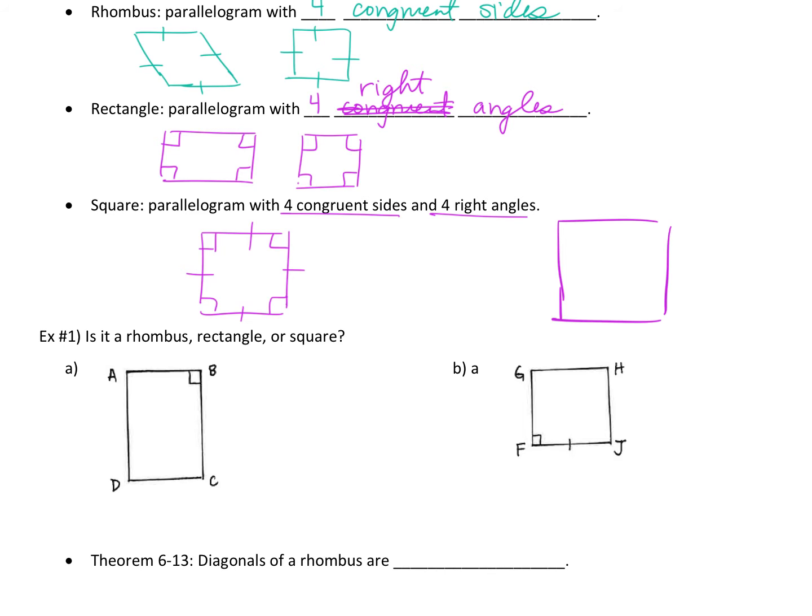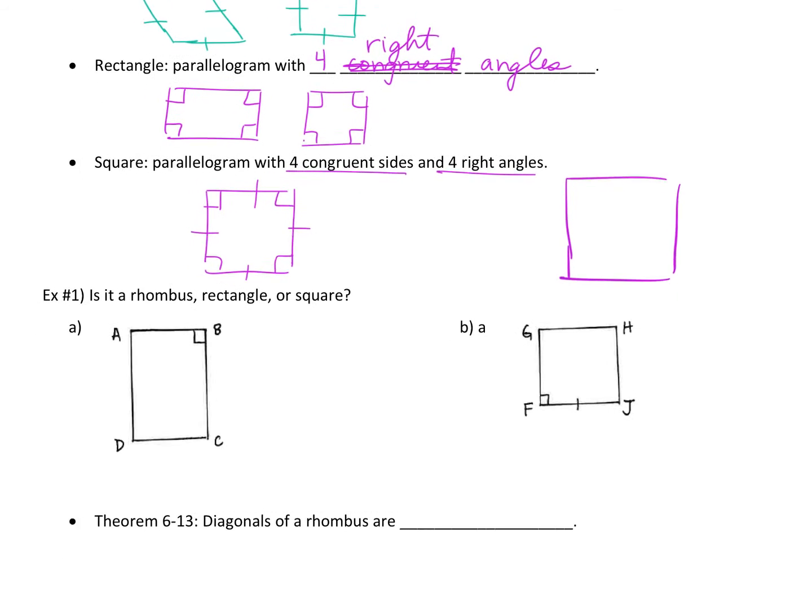You have to go based on hard facts. If I know all the angles are right angles, then it's a rectangle. That's as specific as you can go, right? Or if I say I know all the sides are congruent, then it's a rhombus, even if it looks like a rectangle or a square. You only go based on the information that they give you.